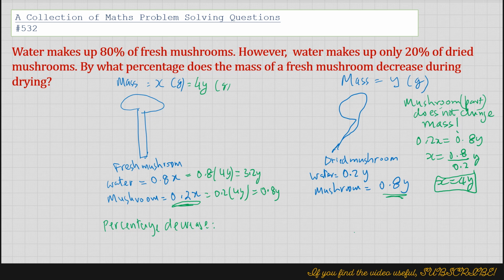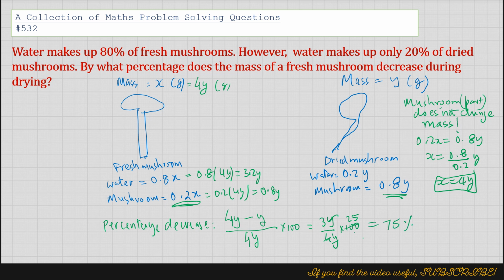That would be 4y, which was what it was before, it was heavier, minus y, and the whole thing out of 4y, not out of y, the original was 4y, times 100. That is 3y out of 4y times 100, and the y's get cancelled, 4 and 100 is 25, and we get 75%.